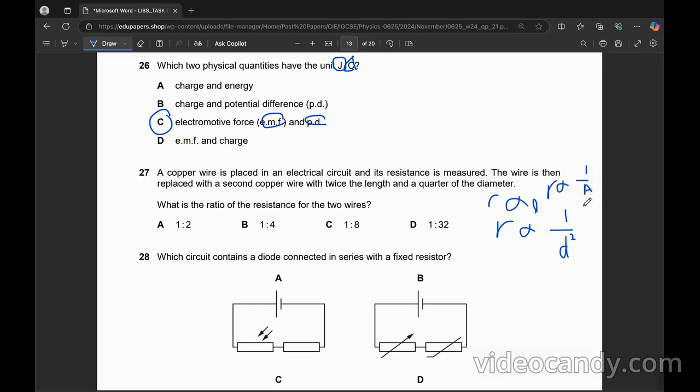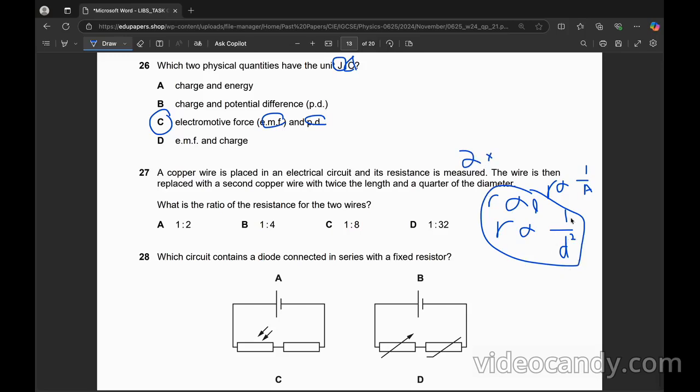So we use these two to determine that, and it asks for twice the length, so the new resistance would be twice as large, and then a quarter of the diameter. That means the diameter gets smaller. So when the diameter is smaller, then the resistance is going to be larger because they're inversely proportional.